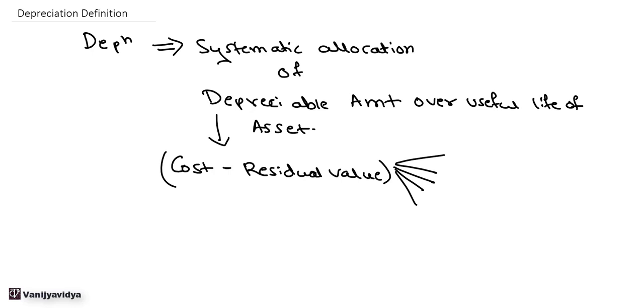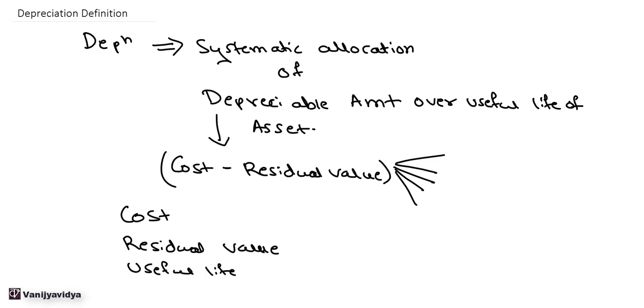That is, we need to understand the cost, we need to understand what is a residual value, and we need to understand what is a useful life of asset. Let's see this one by one.